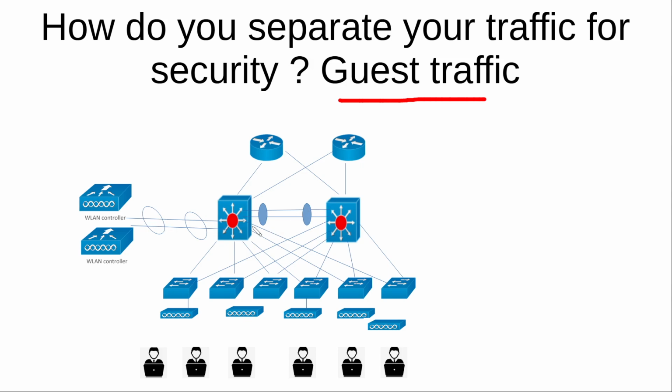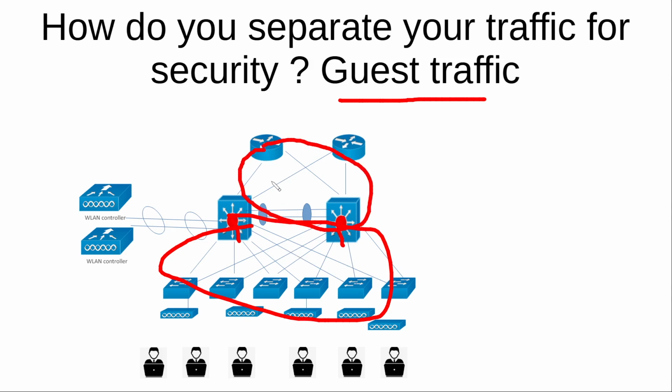So one way of doing it will be creating a guest VLAN, then creating a default gateway using first hop redundancy protocol, and then at your layer 3 part of your network you might want to create a VRF in order to isolate this traffic and the routing from other users that actually belong to your company. And then you might want to inject here a default route into your VRF so these users gain access to the internet in an isolated way from other users. That is one way of doing it.